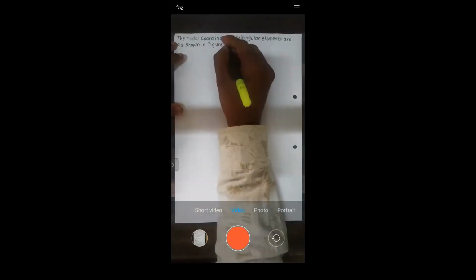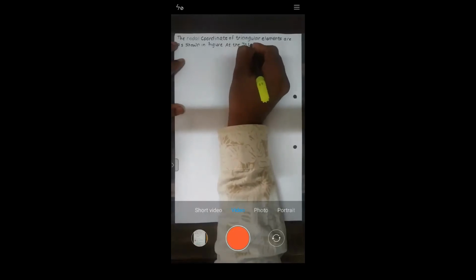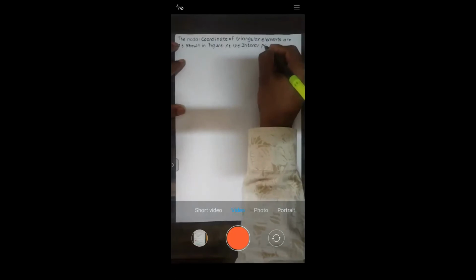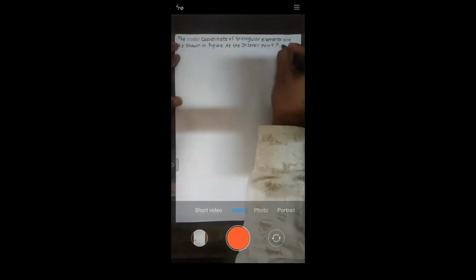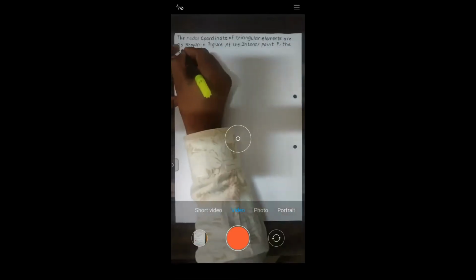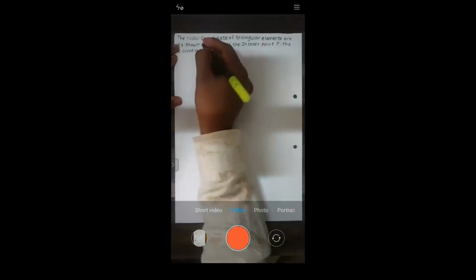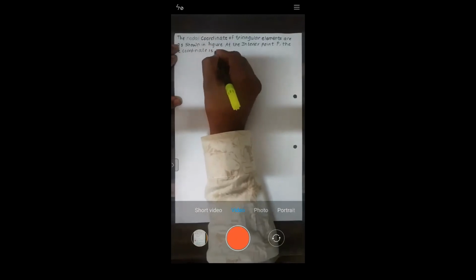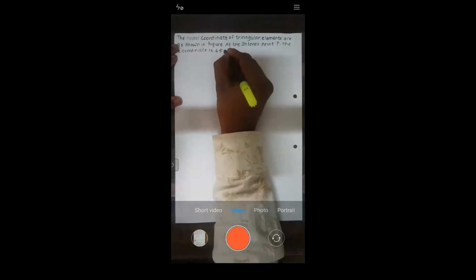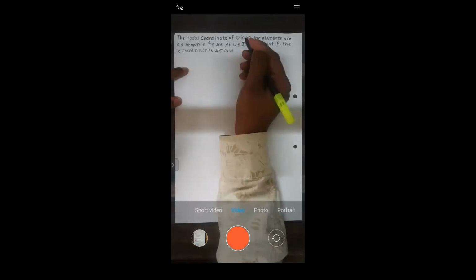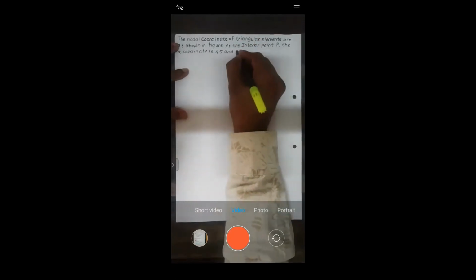At the interior point P, the x coordinate is 4.5 and N1 is equal to 0.3.